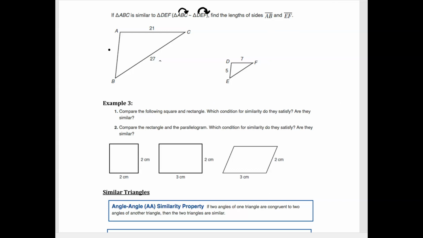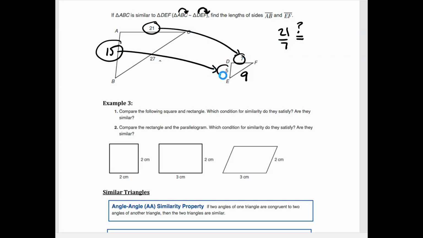So we found that side AB was 15, and we found that side EF was 9. And so what we can do is we can make fractions. So 21 is to 7. That should be the same as 15 over 5. That should be the same as 27 over 9.